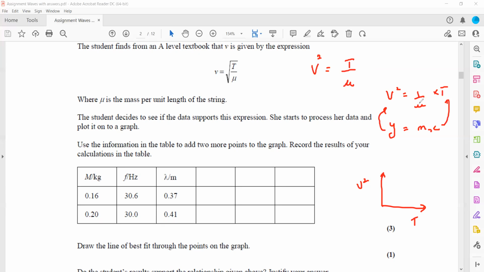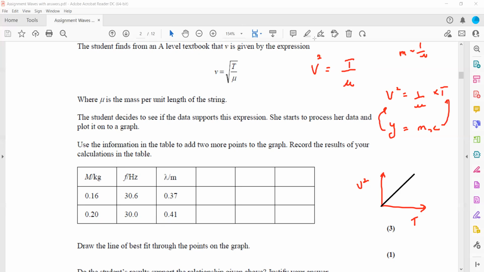Because 1 is constant, mu is also constant, the gradient will be equal to 1 over mu, or the gradient will be constant. If the gradient is constant and there is no y-intercept, it will be a straight line passing through the origin. That will be the graph.